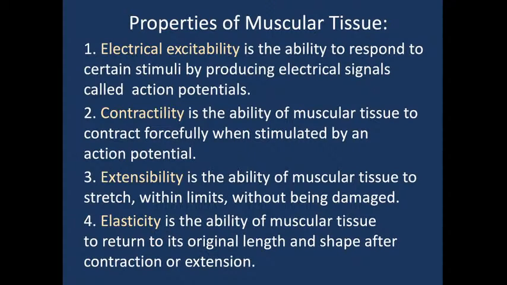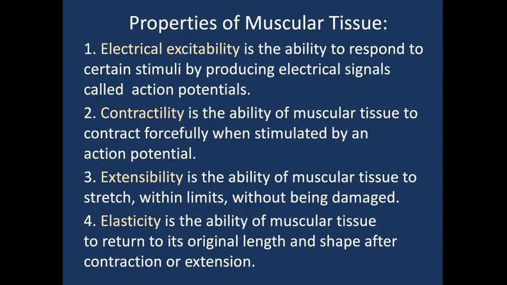The third property is extensibility. Extensibility is the ability of muscular tissue to stretch within limits without being damaged, and usually it is possible because of the connective tissue.